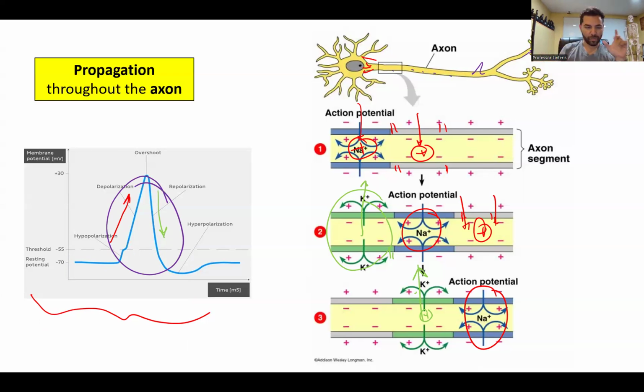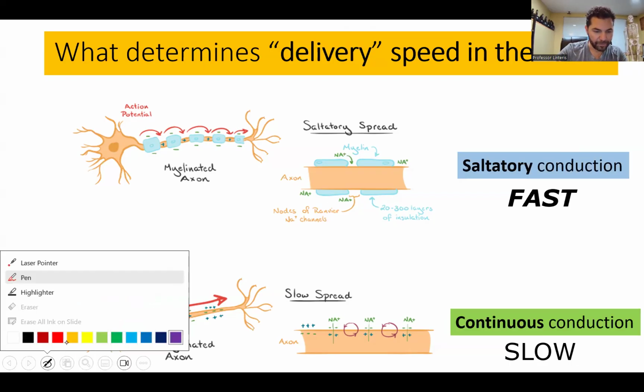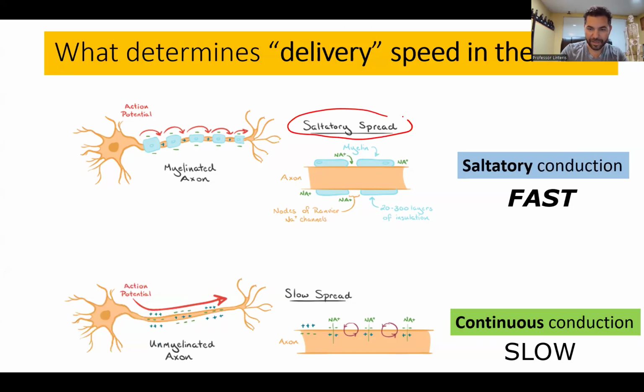Chain reaction. Once it starts, automatically sent. And that is an action potential. And we have two different ways we can send this. We can send them fast or we can send them slow. The only difference, we have saltatory conduction and we have continuous conduction, right?